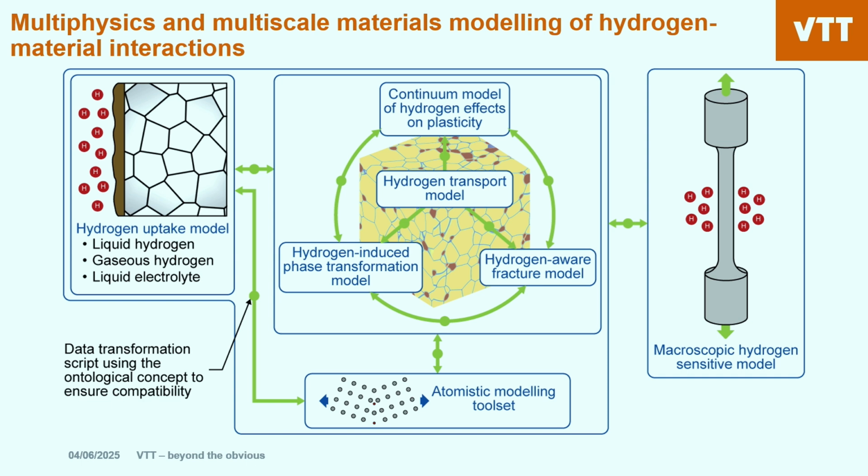Hydrogen does the same for materials, and then of course also this hydrogen-aware fracture model, because that's typically a concern for material users in a hydrogen-containing environment. And these are then coupled into the more component scale macroscopic hydrogen sensitive model over here.